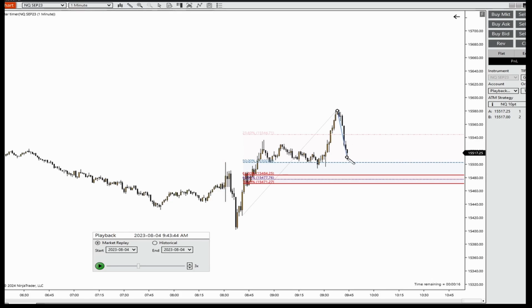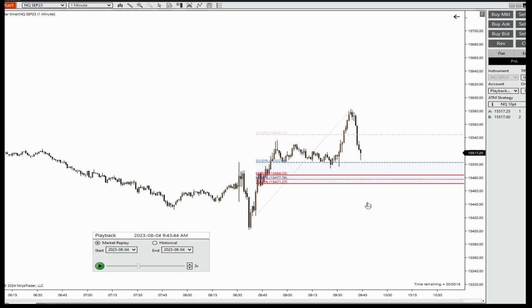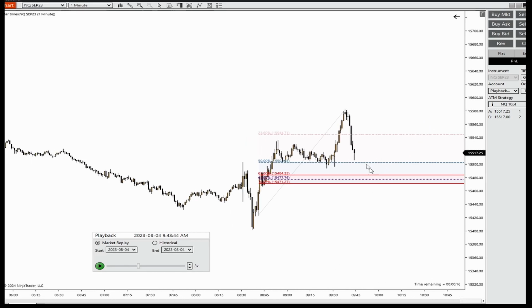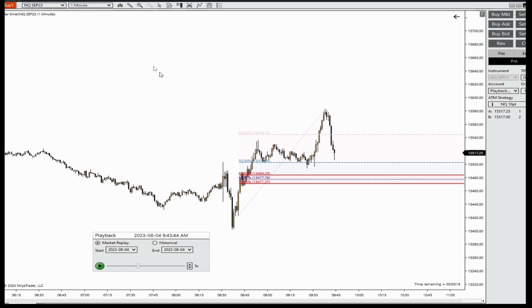Or we've got this tapping in, we get a little bit of a bounce, which fails, probably at the pocket of this move, and then that continues lower, and we're looking at this SNDR, which then should offer us something. Whether we continue lower or not from there depends on how it reacts to this zone.